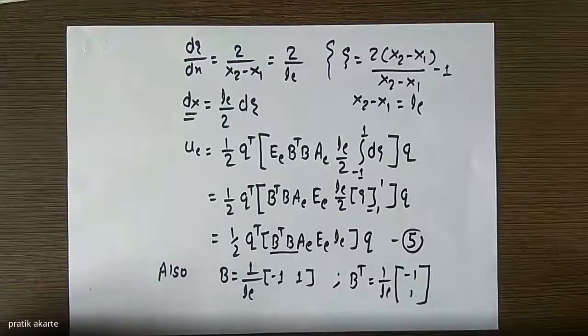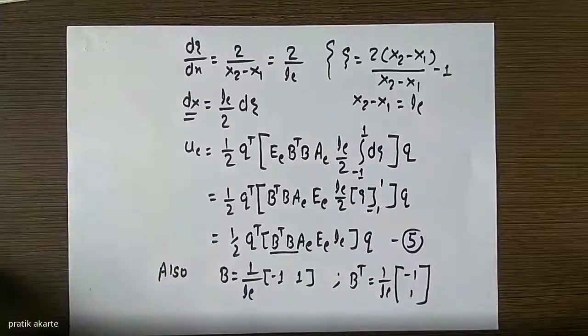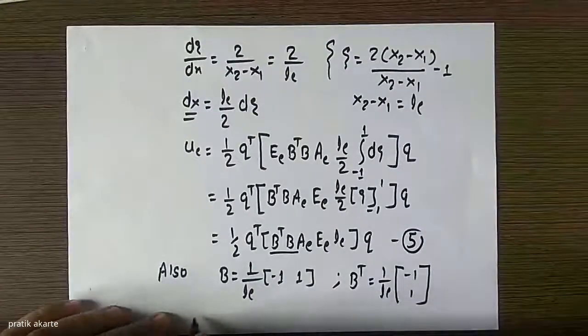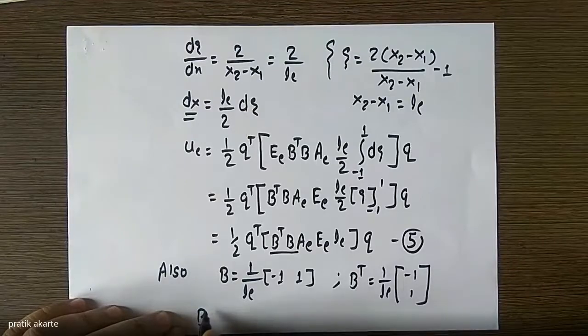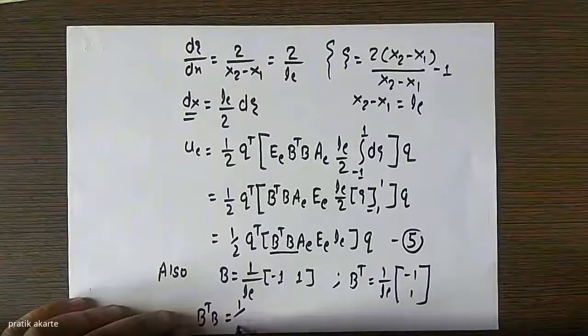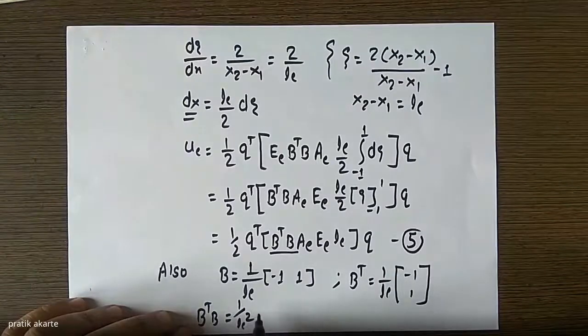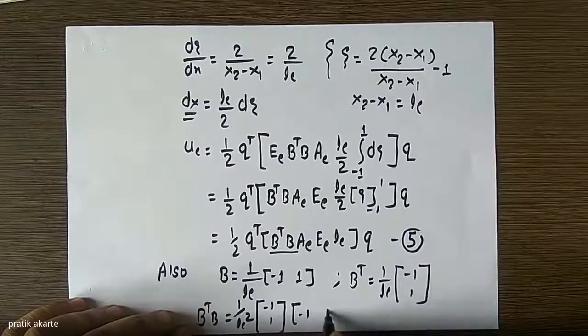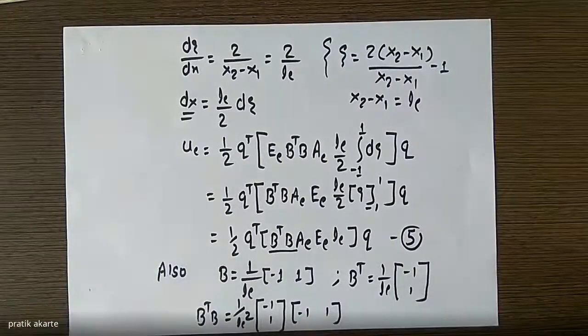To formulate this equation, to find B transpose into B. So further writing this, I will get B transpose into B equal to 1 upon Le square, minus 1, 1 and minus 1, 1. So this is my B transpose into B.